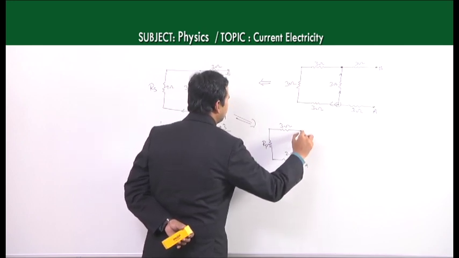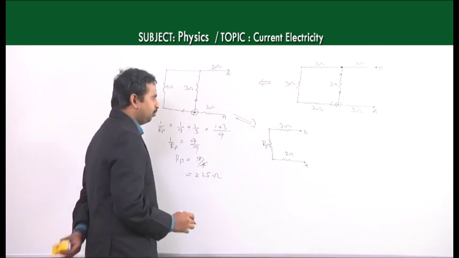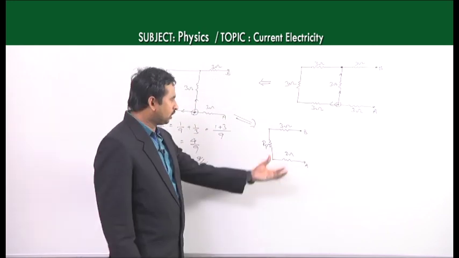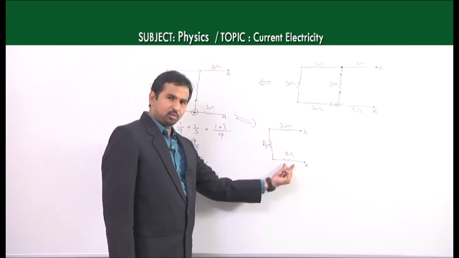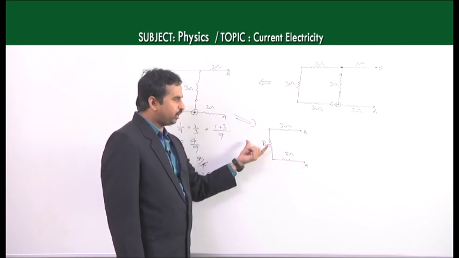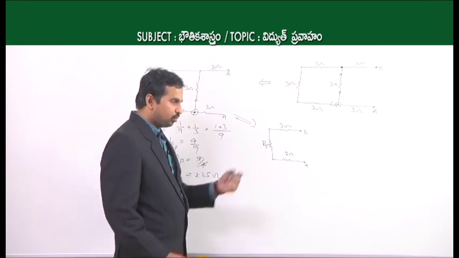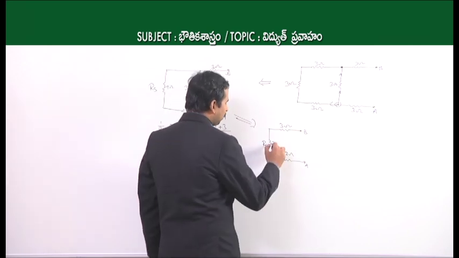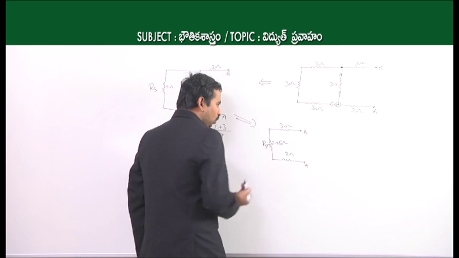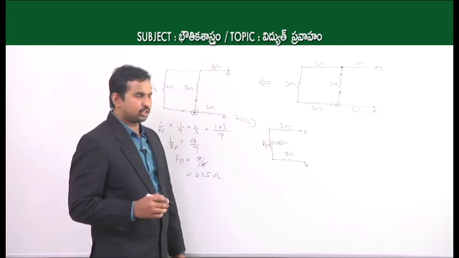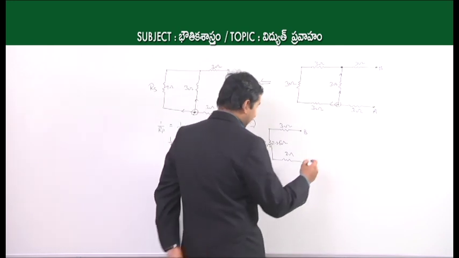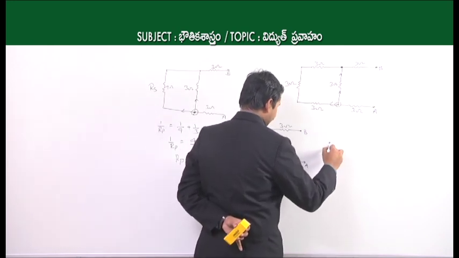Now we got a simple circuit between A and B. The current passes through the 3 ohms, the same current passes through RP and the same current passes through the 3 ohms here, where we got the RP value as 2.25 ohms. Then all three are in series connection here.